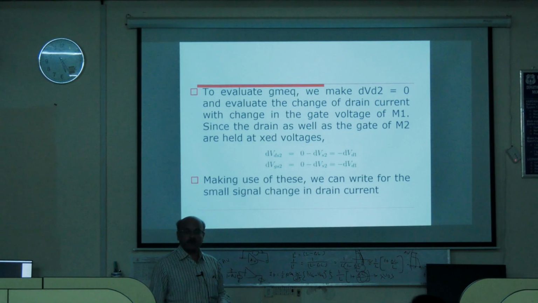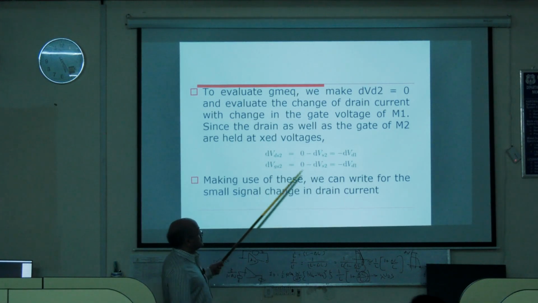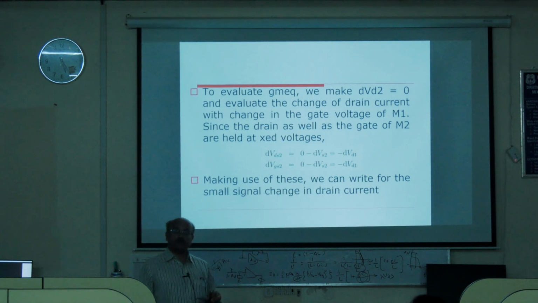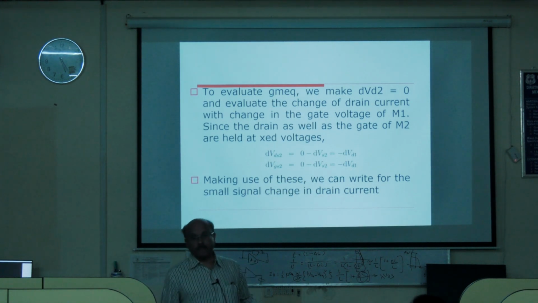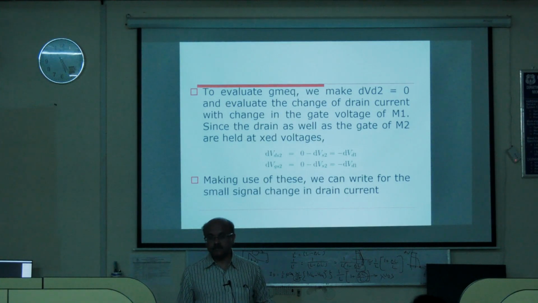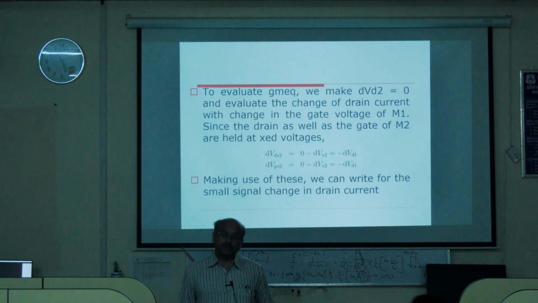When we calculate Gm effective, dVd is 0, only variation due to the voltage at the gate, the current is only due to the applied voltage at the gate of the M1. So, therefore, this is 0. Now, dVgs2 is equal to dVg2 minus dVs2, but dVg2 is also 0. Why is dVg2 0?